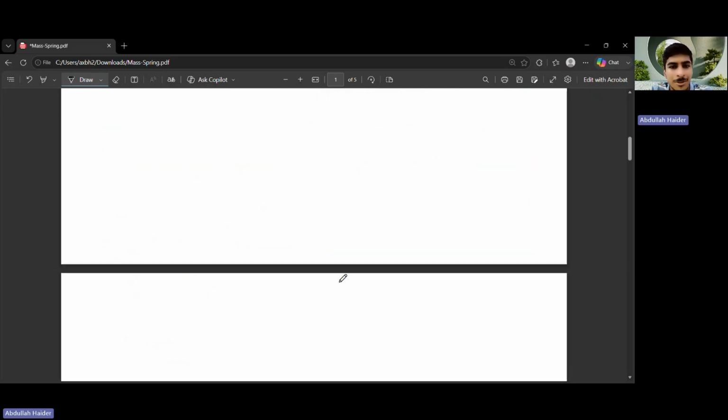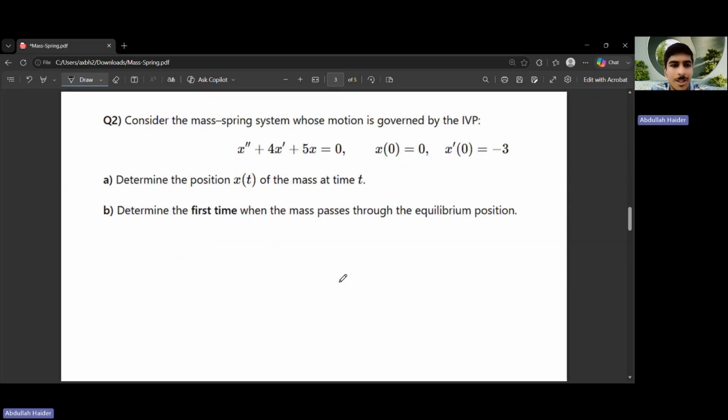So the first thing I want to do is this question to start off with something simple. You consider the mass spring system whose motion is governed by the initial value problem. First thing to note: for all mass spring system questions in this chapter, you need to know this formula: m x double prime plus c x prime plus k x is equal to an external force if there is any.